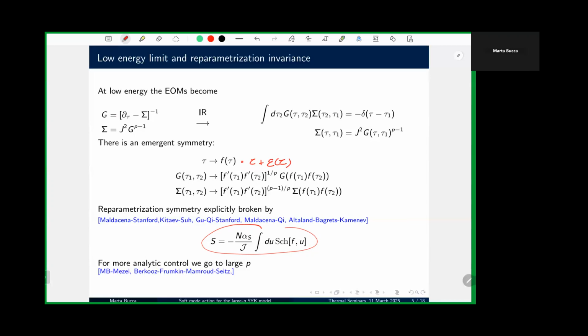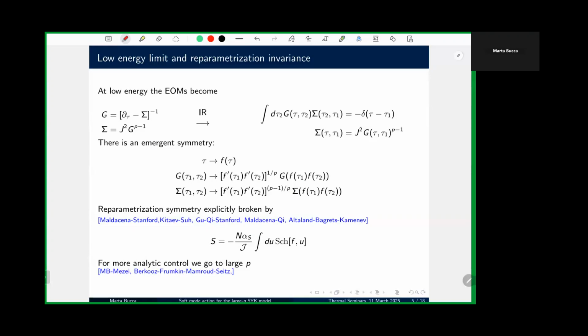But we were interested in rederiving this result for a couple of reasons. First of all, this coefficient alpha of S that we have here has been computed, of course, both by Maldacena and Stanford and Kitaev and Suh. However, the computations that have been provided so far were numerical computations. And the other reason was that, as I mentioned, we were interested in generalizing this infrared regime to the SYK chain, and the previous derivations were not easily generalizable to the chain.